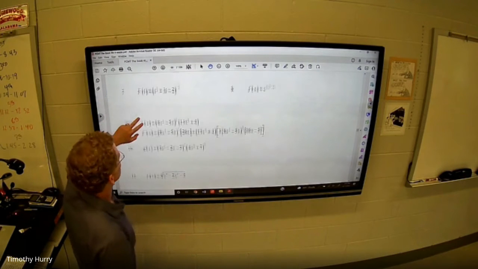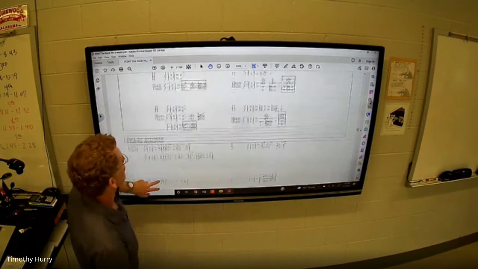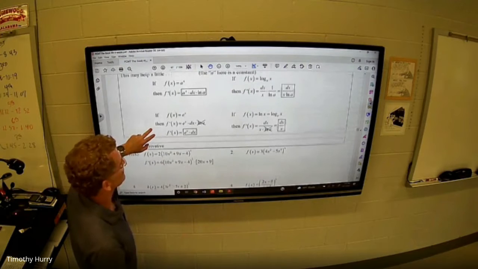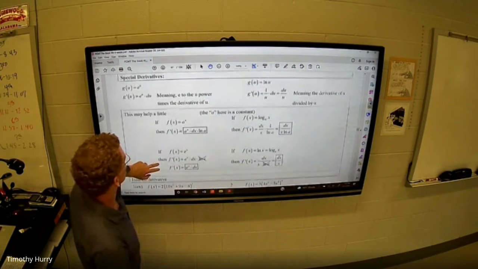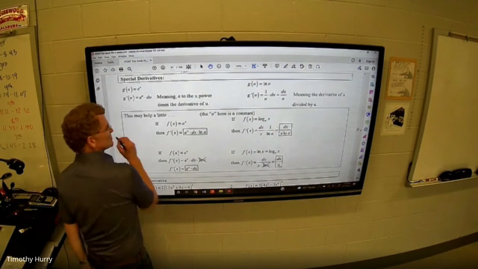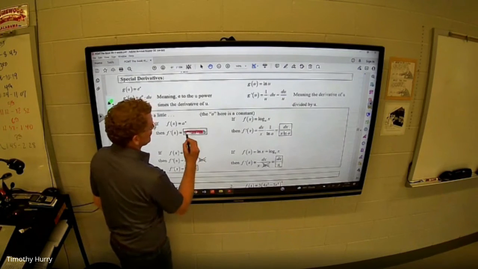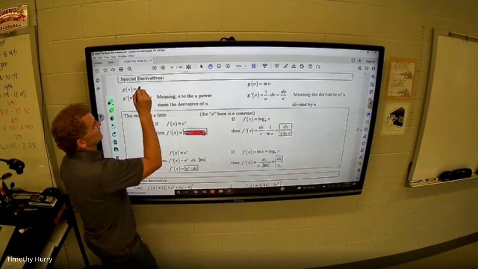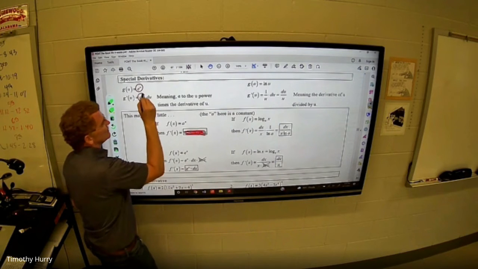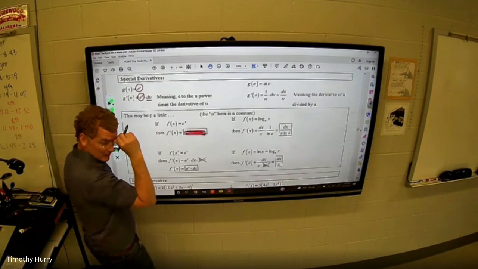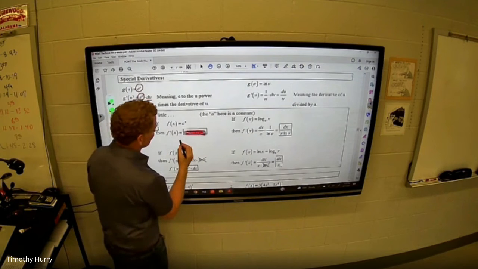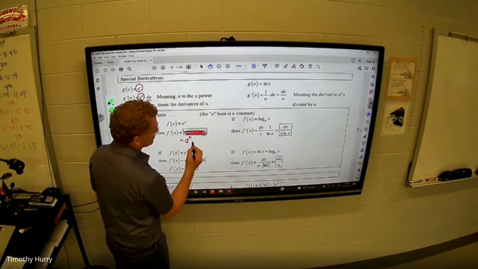Now, scroll back up. What happens when it's not natural log? We've already talked about exponentials like this. The only difference is, and I even told you to rewrite it, right? I said on one of these, don't write it like that. Just remember, the derivative of e to the u is e to the u, take care of the chain. Then the derivative of a to the x is a to the x what, though?